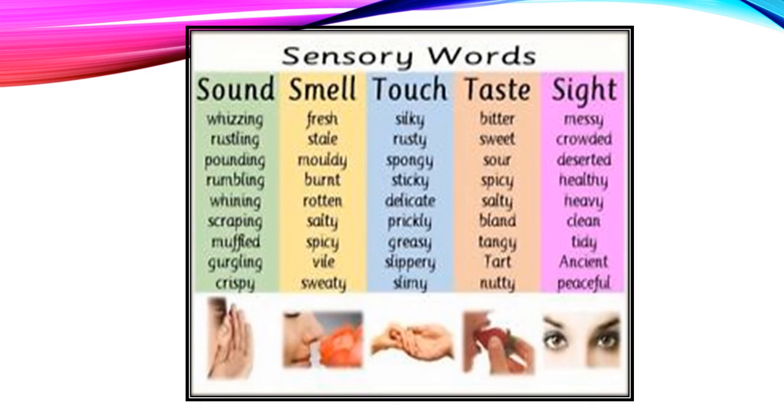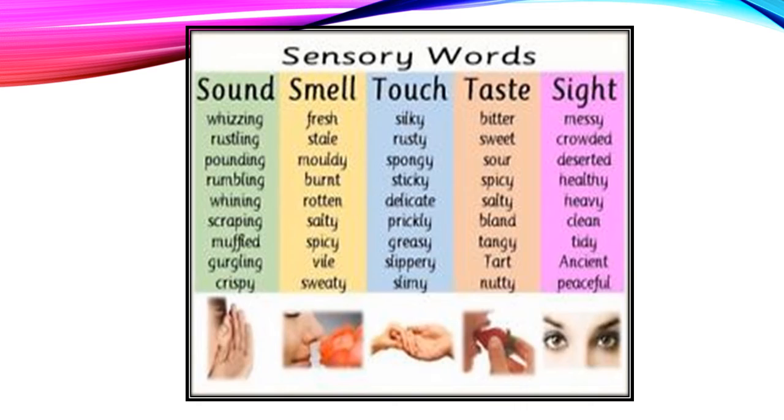Here are examples of sensory words. First, sound: whizzing, rustling, pounding, rumbling, whining, scraping, muffled, gurgling, and crispy. For the smell, we have fresh, stale, moldy, burnt, rotten, salty, spicy, vile, sweaty.